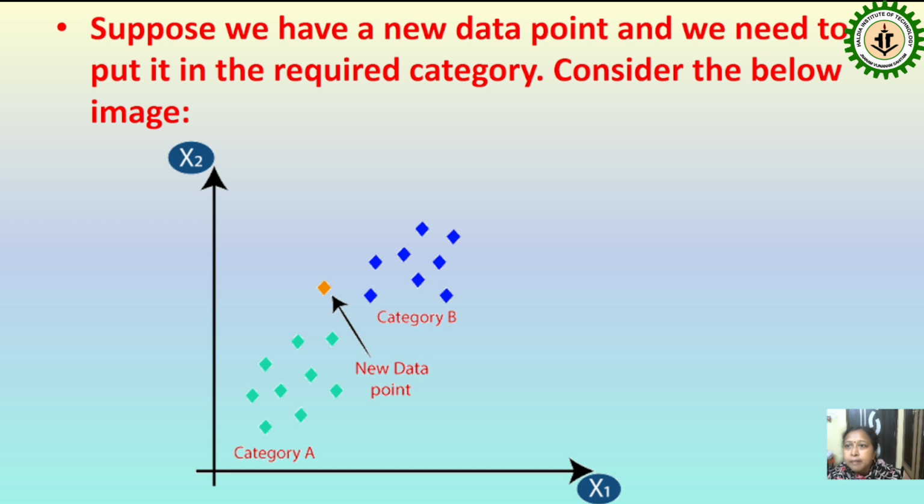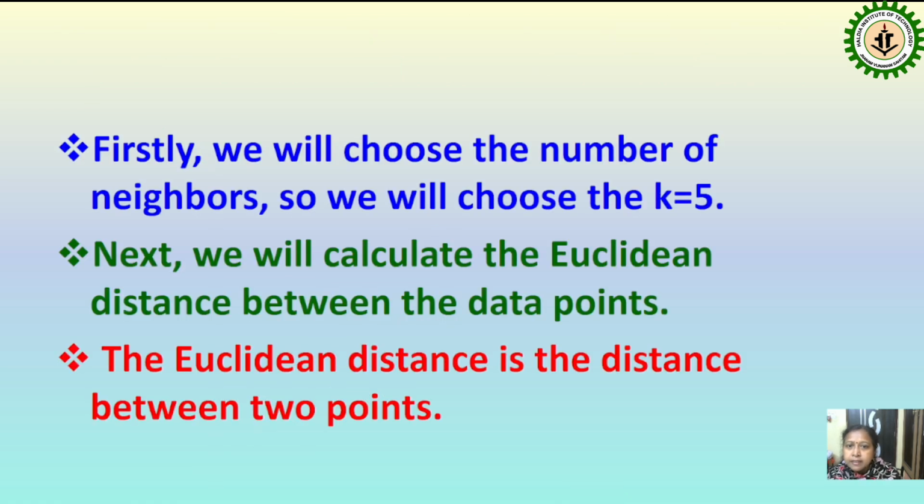Now suppose we have a new data point and we need to put it in a proper category. Firstly we will choose the value of k, that is, how many nearest neighbors we have to take. Here we have taken the value of k equal to 5. Next we will calculate the Euclidean distance between the data points.